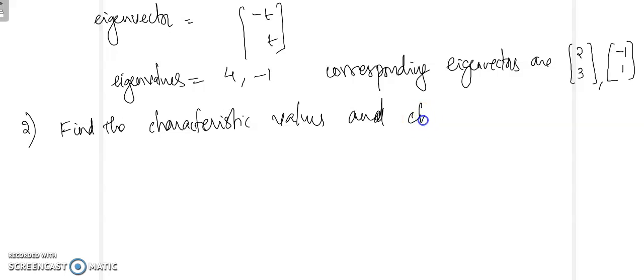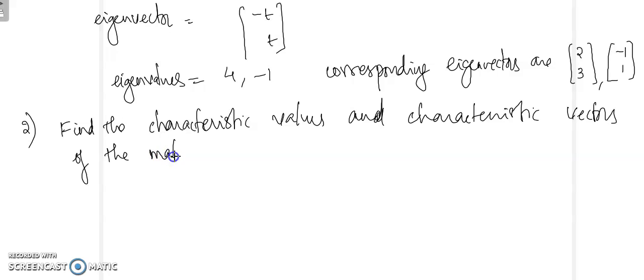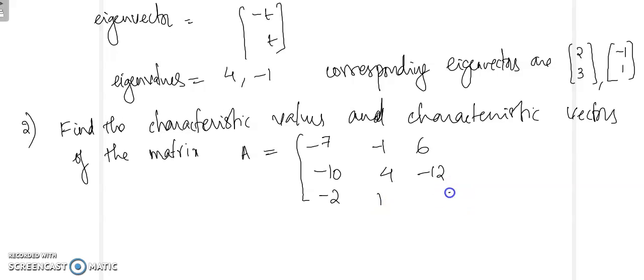And characteristic vectors of the matrix A equal to minus 7, minus 1, 6, then minus 10, 4, minus 12, then minus 2, 1, minus 1.